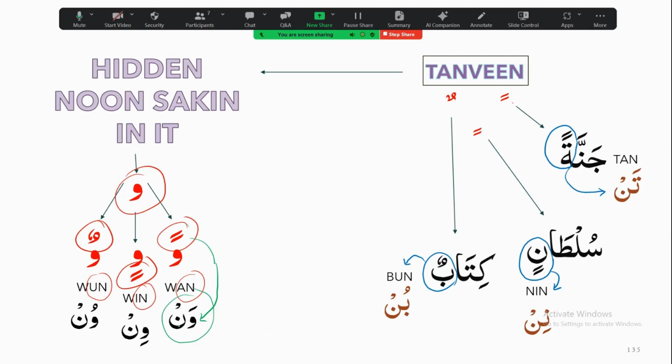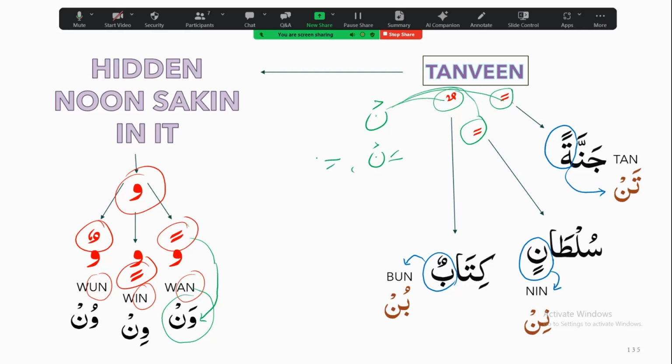And here you see a noon sakin hidden. So tanween has a noon sakin hidden. This noon sakin will be hidden in all of these three: in fathatain, in dhammatain, and in kasratain as well. For fathatain, the fatha will be before, and after that there will be a noon sakin.